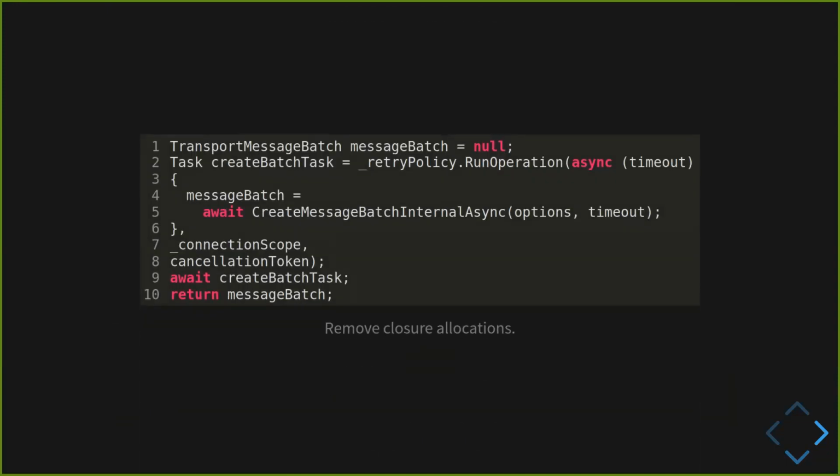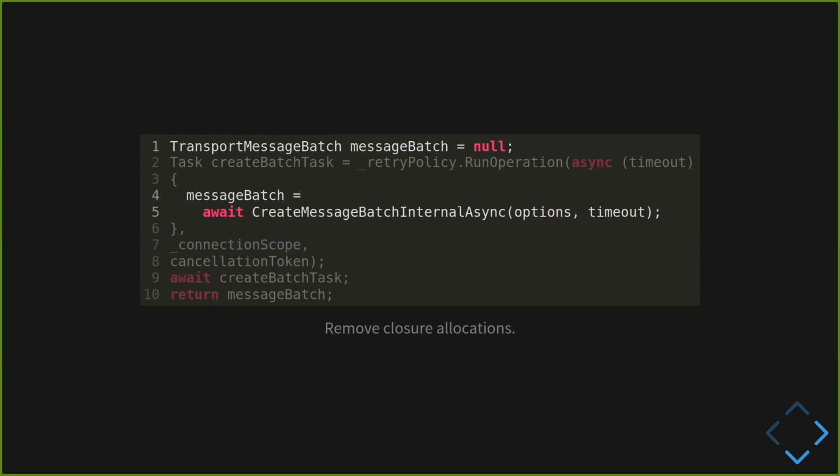Let's have a look at one of the usages of this run operation method. So here we have an example of the Azure Service Bus SDK where this run operation was called, and it was calling this create message batch internal async method. Let's zoom in a little bit more. Inside that lambda or function or action delegate, we're getting the timeout in. What we then do is we call this create message batch internal async method.